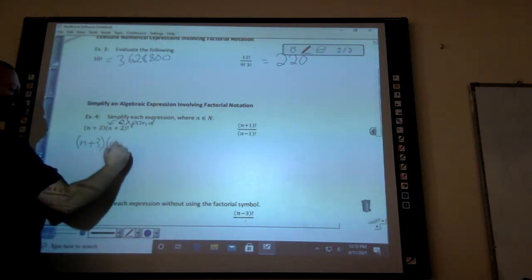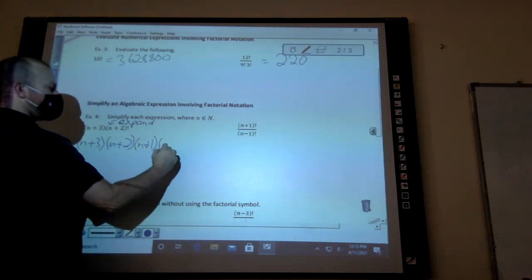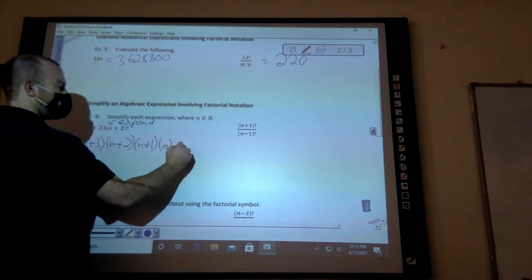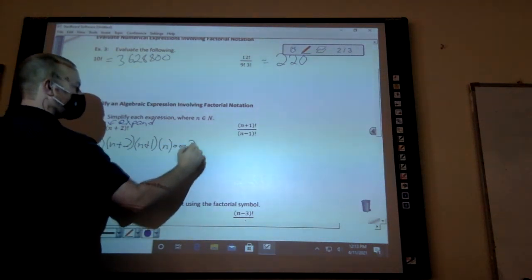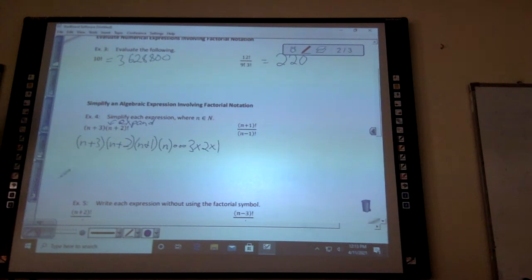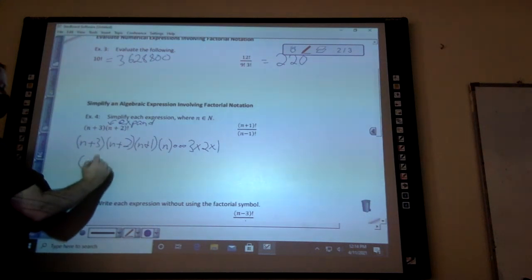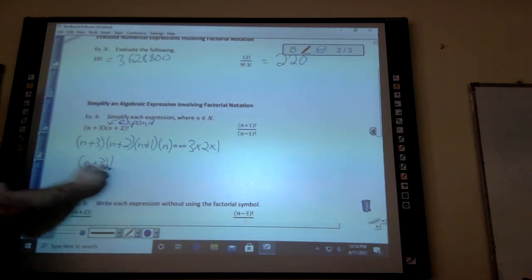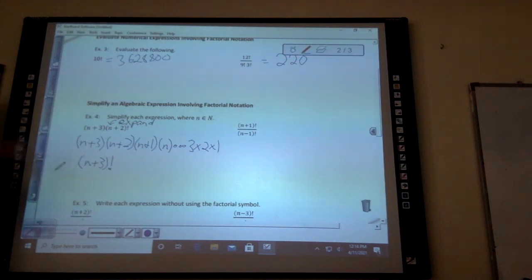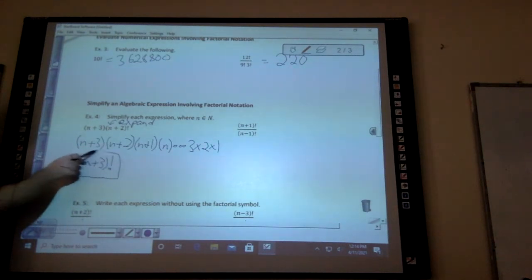So that'll give us n plus 2 times n plus 1, because we're getting smaller, times n, and keep going until we reach 3 times 2 times 1. And so with this, this is the exact definition of n plus 3 factorial. I start with n plus 3, minus 1, I get this one, minus another one, minus another one. So this is fully simplified.